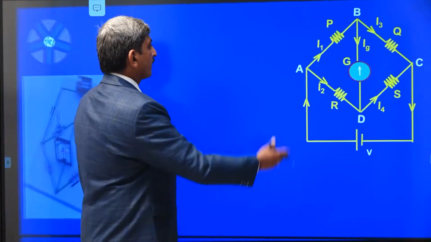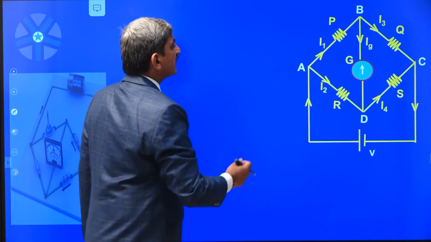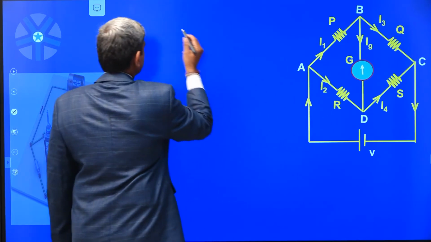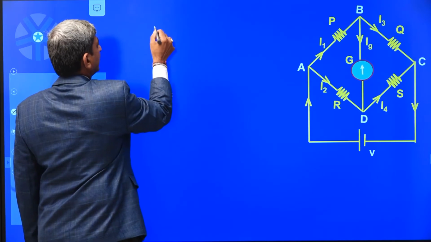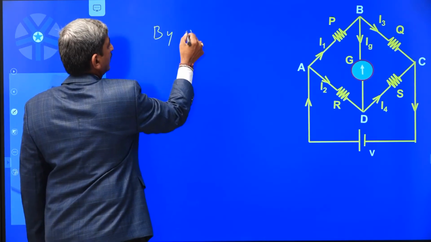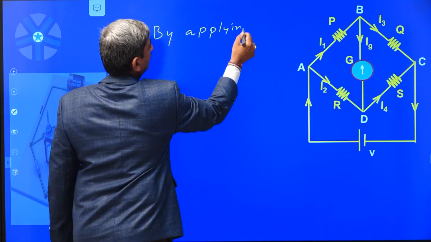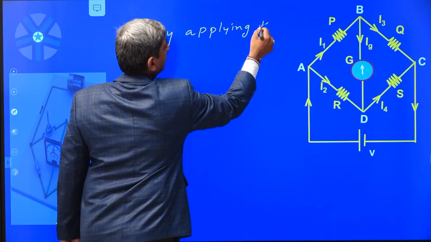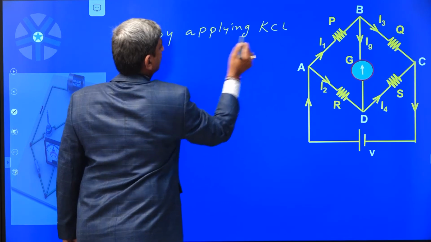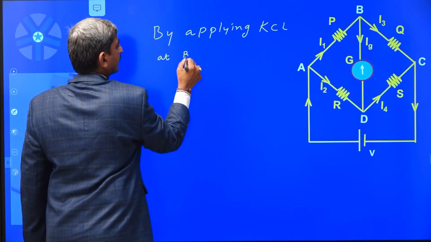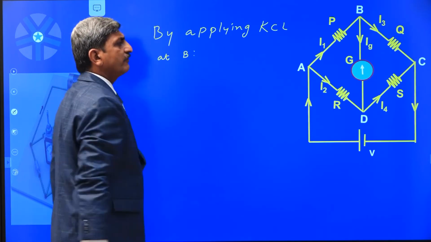Now, let us apply Kirchhoff's current law, KCL, at point B. What can we write?